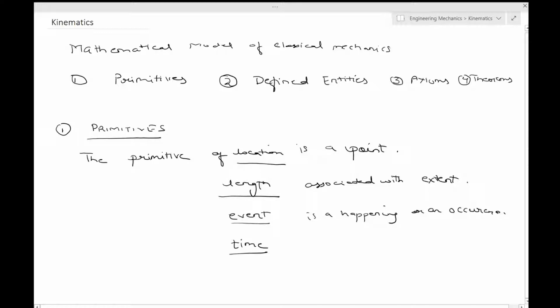It gives an idea about the flow of events, into three forms: past, present, and future.